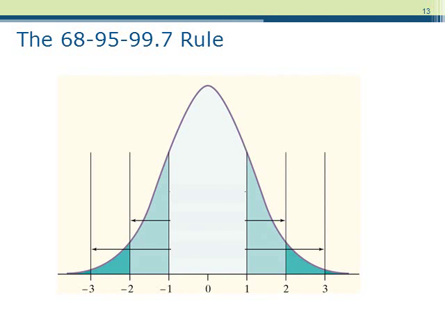According to the rule from the previous slide, 68% of the observations are within 1 standard deviation of the mean. 95% are within 2 standard deviations of the mean, and 99.7% of the observations are within 3. Like we said, the remaining 0.3% of the data are more than 3 standard deviations from the mean.